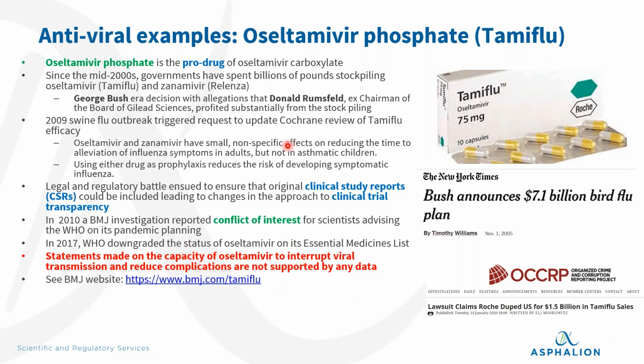But one of the consequences of this Cochrane review was the battle to get the original clinical study reports that could then be used to make these Cochrane reviews, rather than having published papers that may have some bias from the pharma companies, for example.